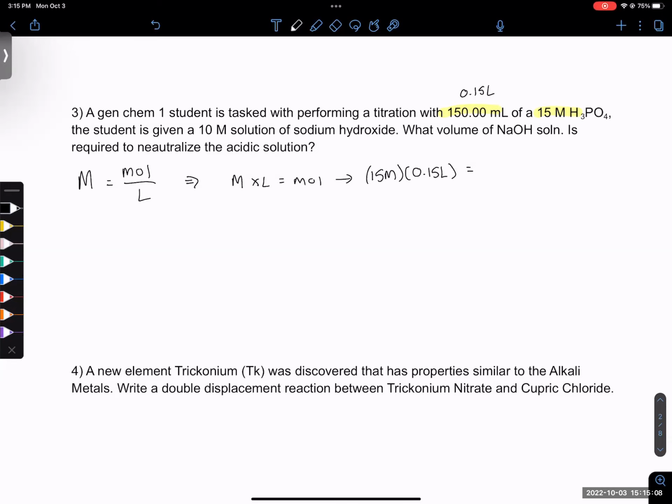Yeah, it's actually 2.2499999. That's crazy. And that's moles of what? Moles of H3PO4.